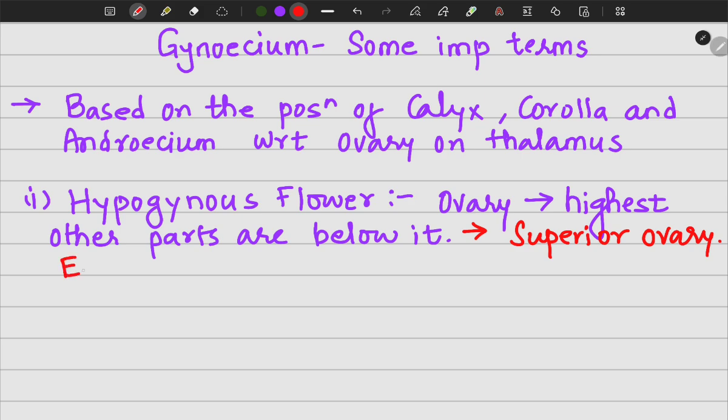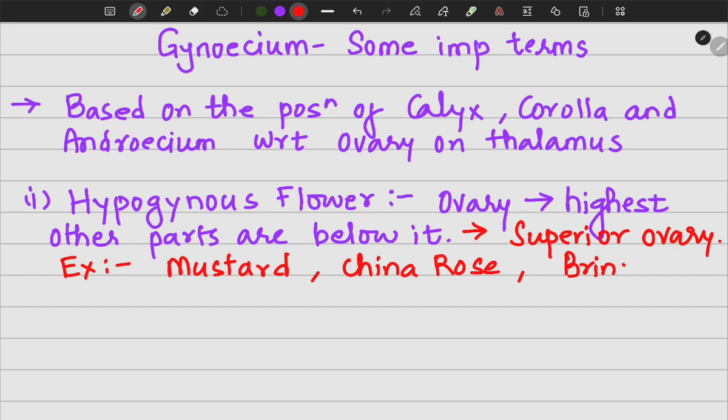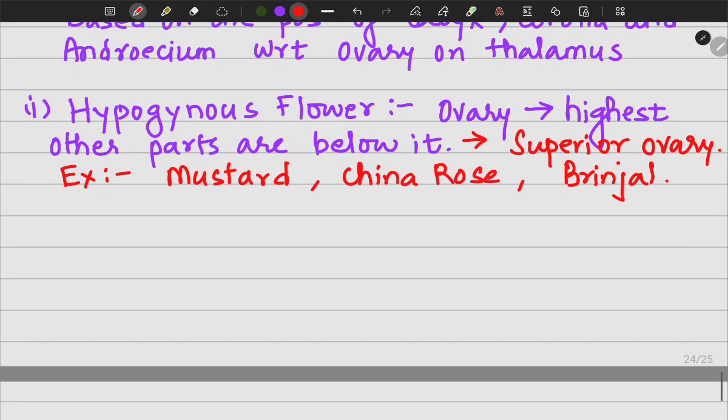So examples of plants having hypogynous flower with superior ovary are mustard, China rose and brinjal. Let us understand with the help of a diagram.